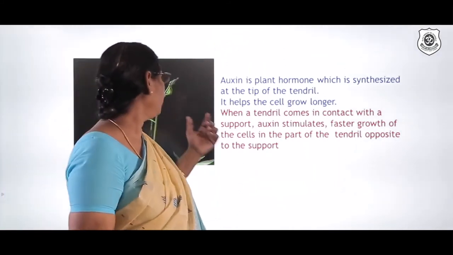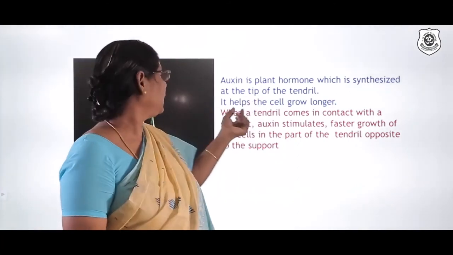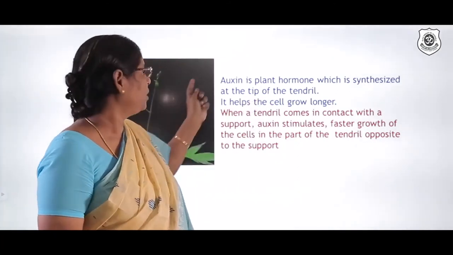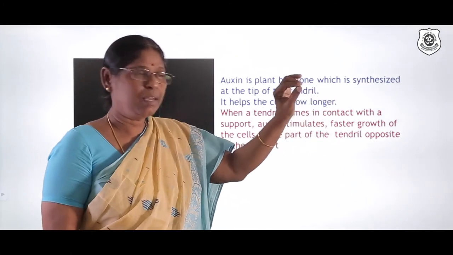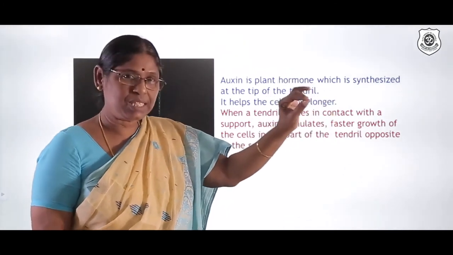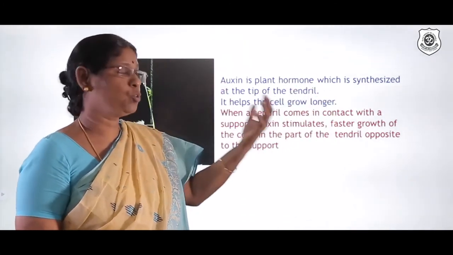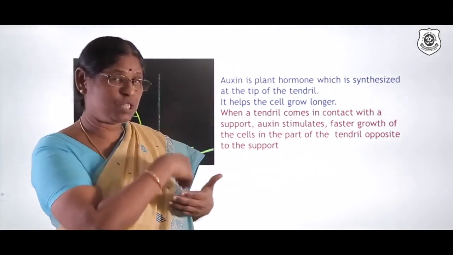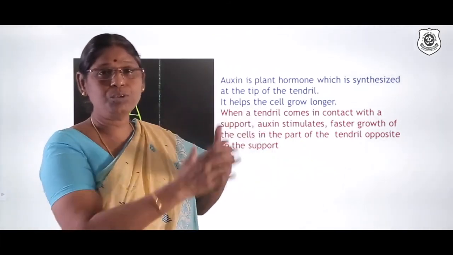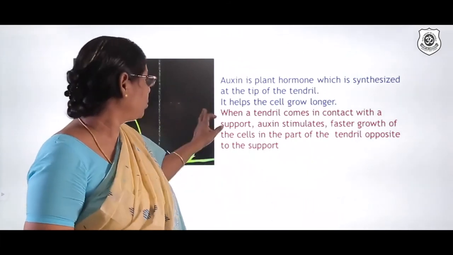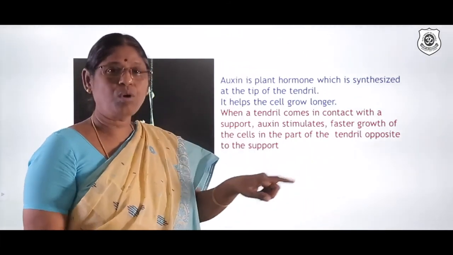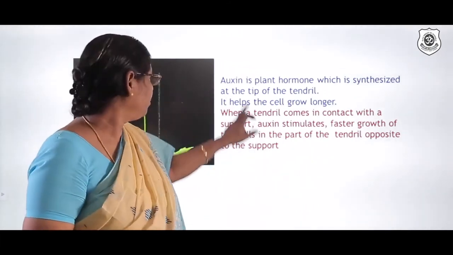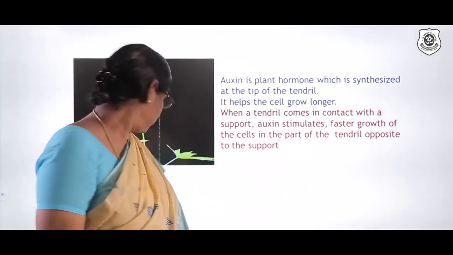In the same manner, here also you will see the tendril tip, wherever the support is, on that side it will be producing less, but on the opposite side it will be producing more, and it will be diffusing more and making that part to bend towards the support. So that is how the tendril also coils around the support because of this auxin, right?